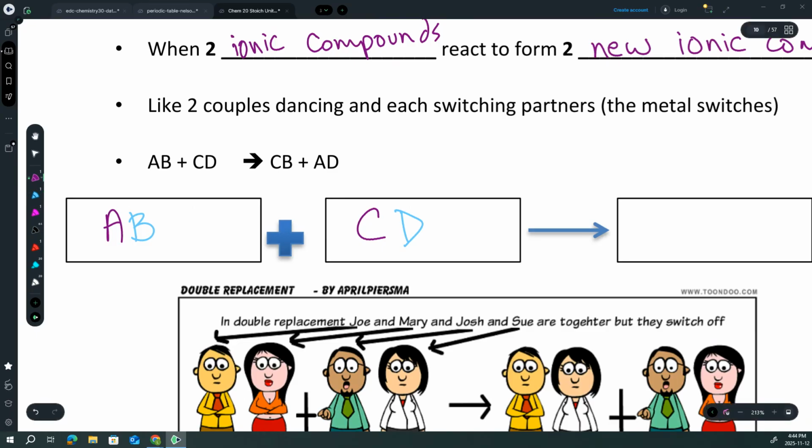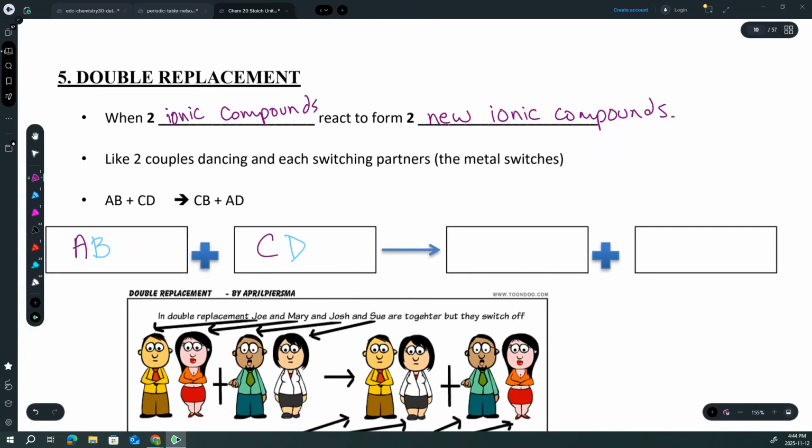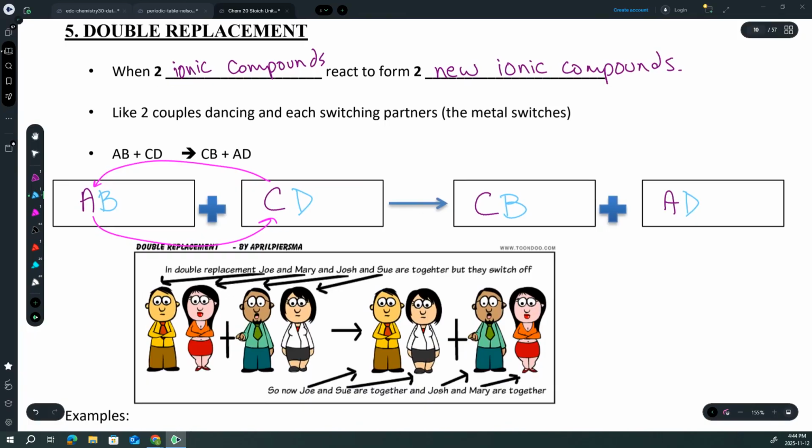So pick one, stick with it. I personally like to switch the positives, but if you like to switch the negatives, you will still get the same answer. So we'll switch positive with positive. So C goes with B and A goes to dance with D. There you go.